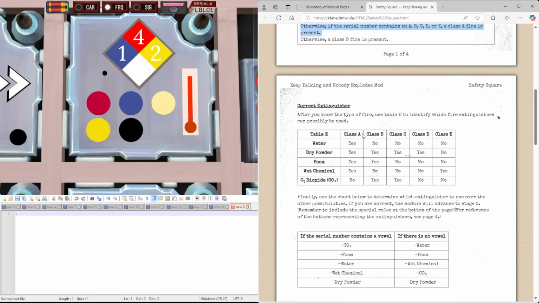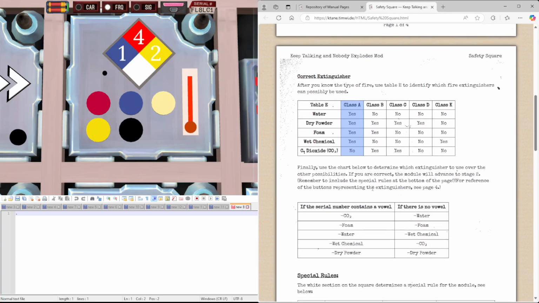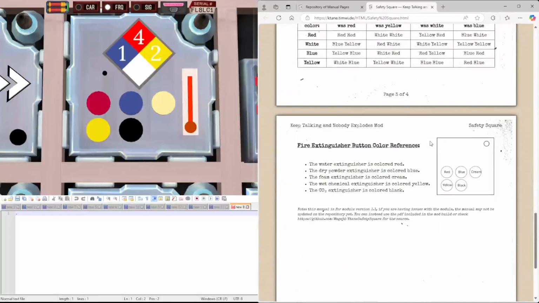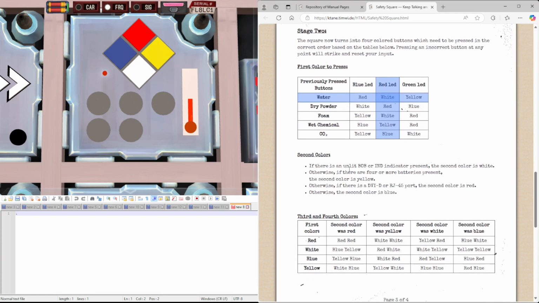Plus A5 is present. And then the priority list, there is no special. So serial number that contains a vowel, no. So water. Water being that one. Water with red LED is white.